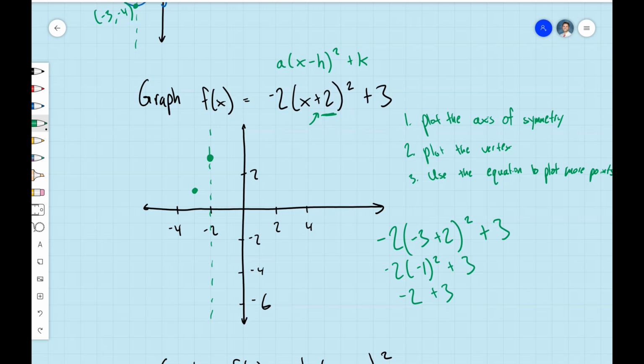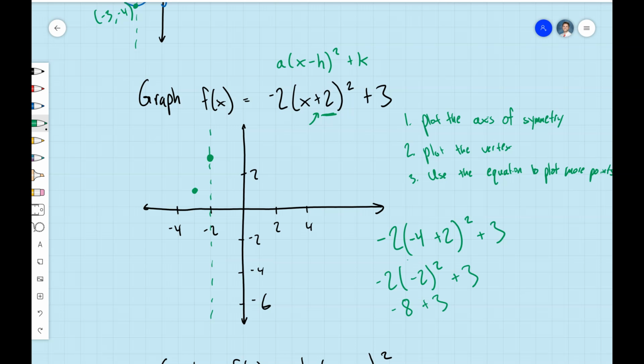Then we can graph another one. So let's solve when x is negative 4. When x is negative 4, we have negative 2 times negative 2 squared plus 3. And negative 2 squared would be 4. And negative 2 times 4 is negative 8.